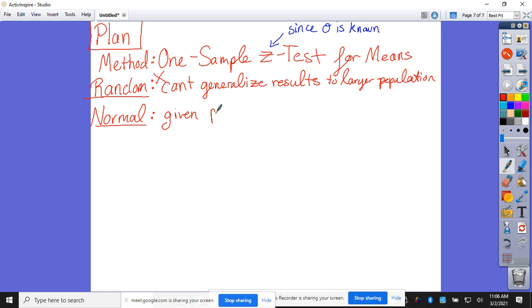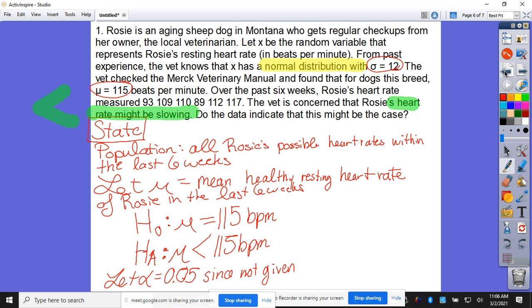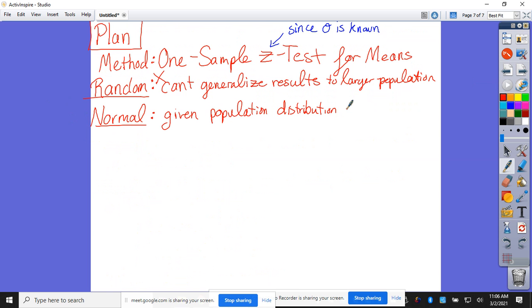So given population distribution, how did it say it? It has a normal approximation. So we can use normal approximation.